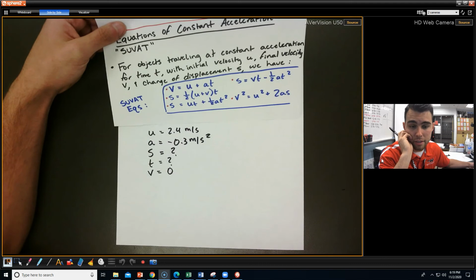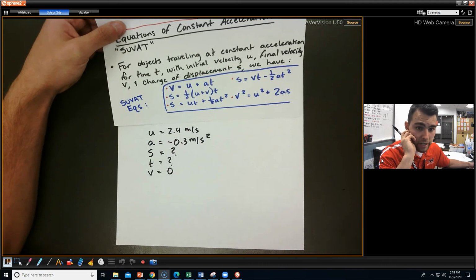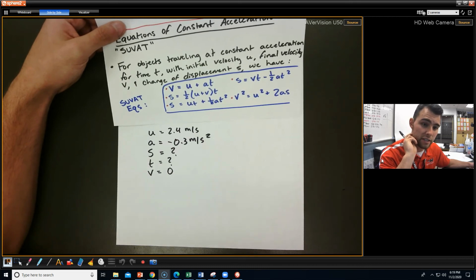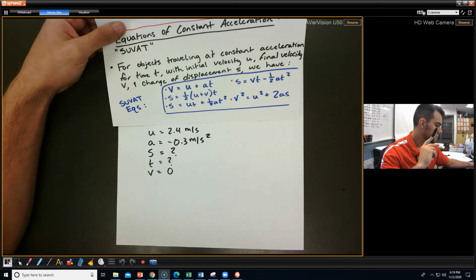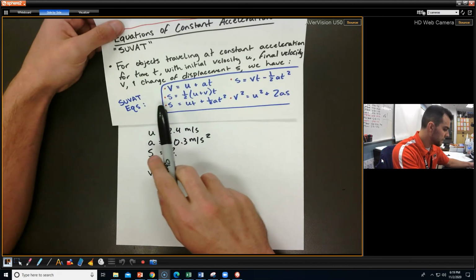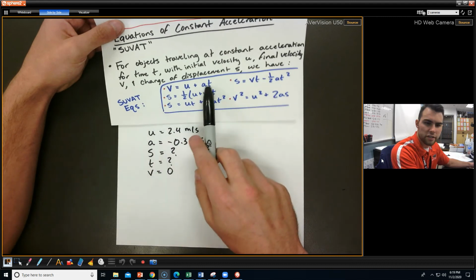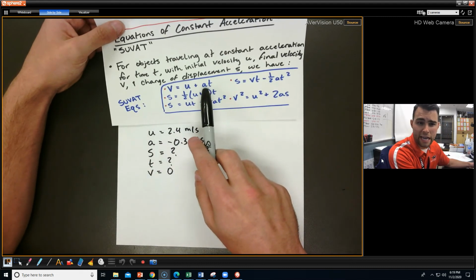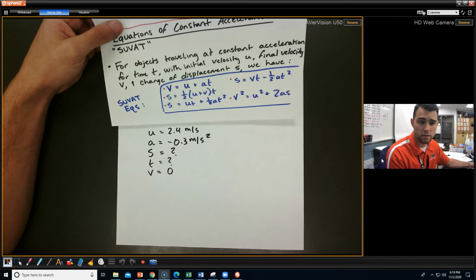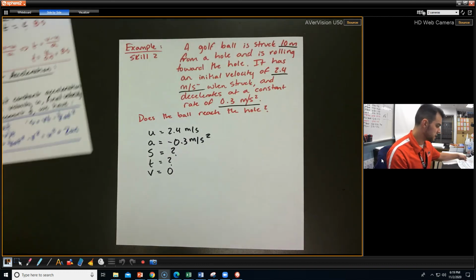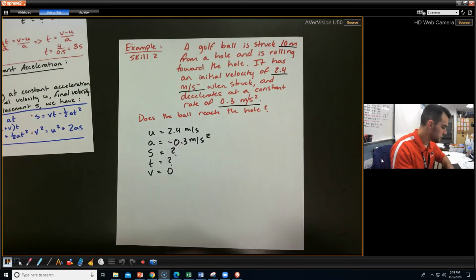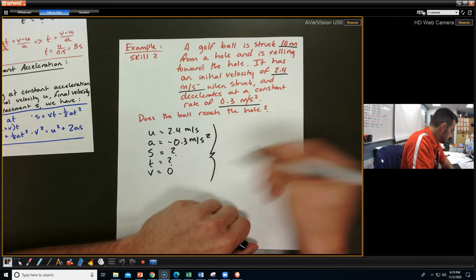So we can solve for t first, and then try to find displacement. If I'm trying to solve for t, this first equation might be our best bet. We have a, we have u, and we have v. So let's plug some stuff in and solve for t. Kind of rhymed a little bit. Let's see what we got.